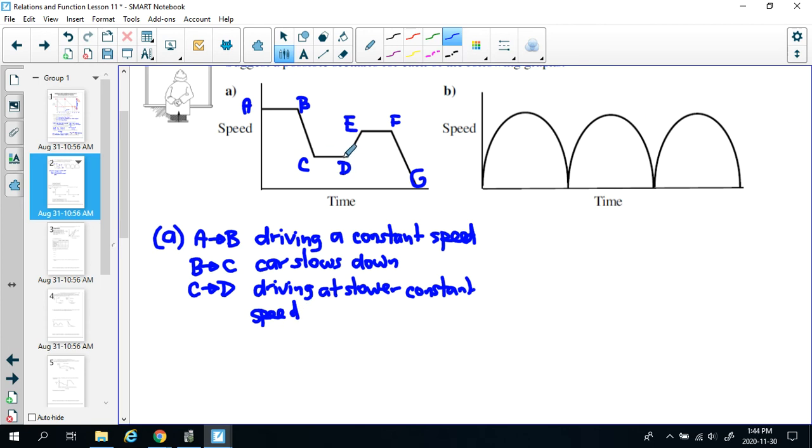Okay, D to E, well, I'm picking up speed. So we could say car speeds up or accelerates.